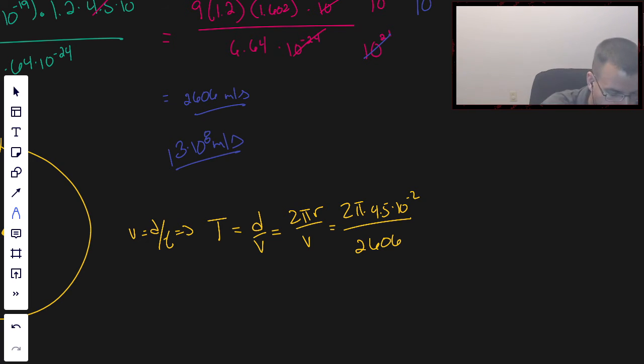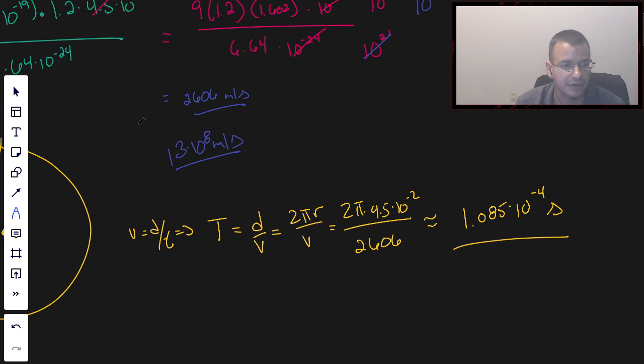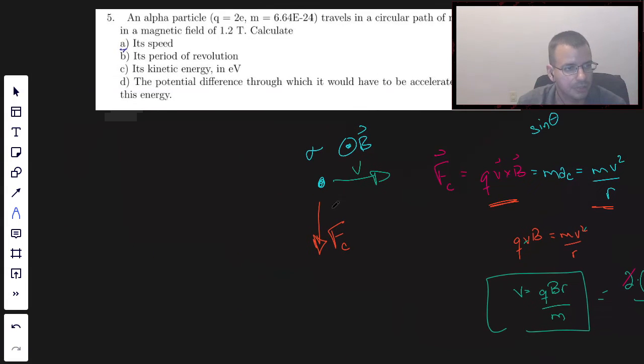So this is going to be 2 times pi times 4.5 times 10 to the negative second divided by 2606, which gives us, drum roll, 1.085 times 10 to the negative fourth seconds. And that's going to be the period of revolution for our mystery particle.